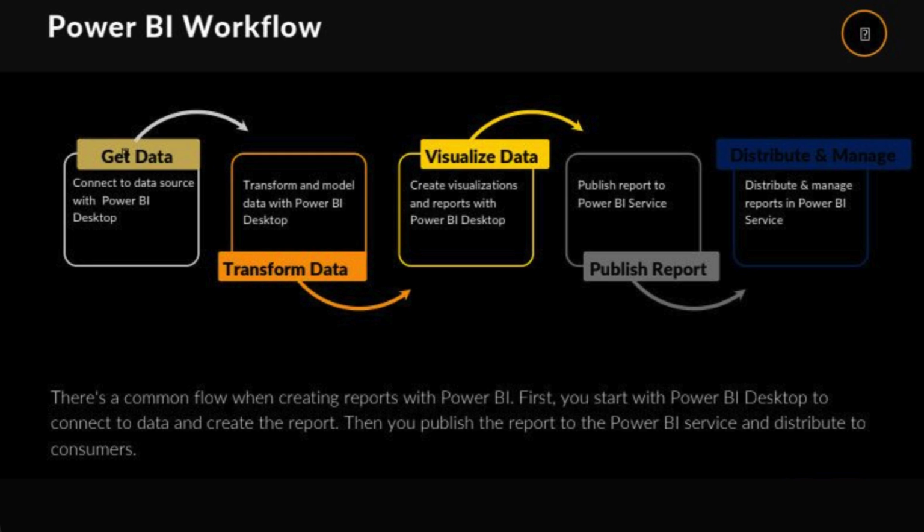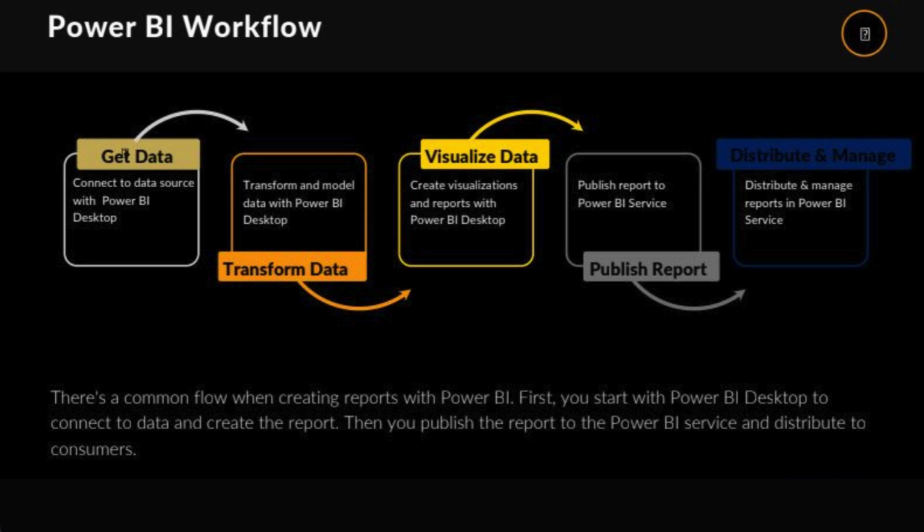So when you start, it means you are starting from getting your data. Where does your data reside? Is it a CSV file? Is it an Excel file? Does it reside in a database? So we start from the desktop side to get data, and as we said, Power BI has so many data connectors.